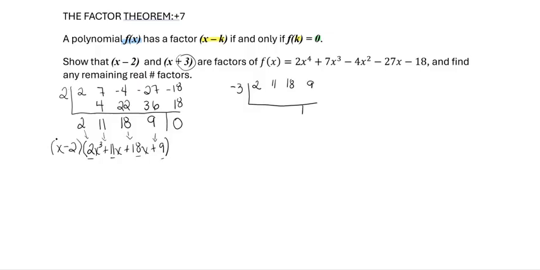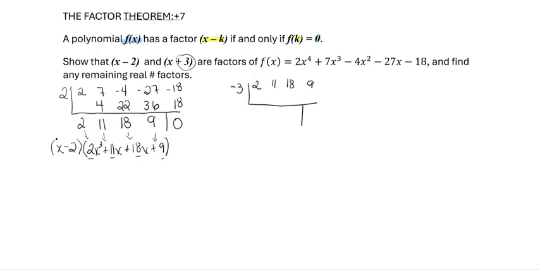I could take negative 3 and put it into the 2, 7, negative 4, negative 27, and negative 18, and I would still get 0. But it won't narrow down my factor, and I'm not going to be able to find the rest of the factors if I don't do that. Each time I factor this, I need to drop down a degree. And so I'm showing you how this works.